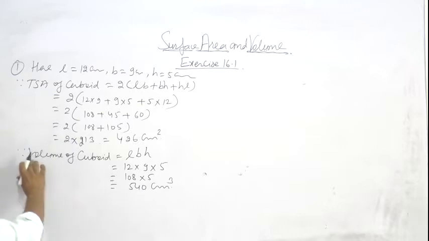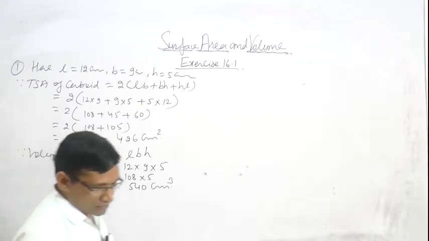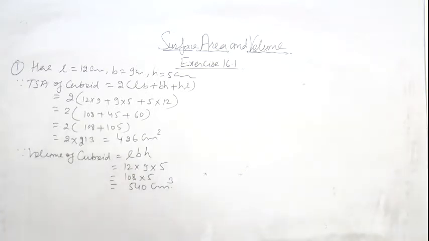This is the volume of the cuboid. We know that volume of cuboid is LBH. So L multiply B multiply H, that is 12 multiply 9 multiply 5, is equal to 540 centimeter cube. This is the volume of the cuboid.